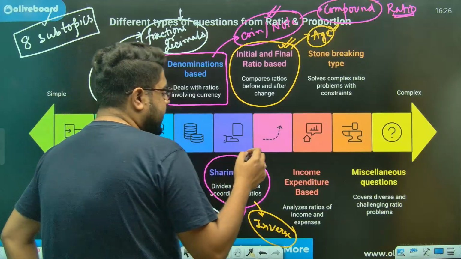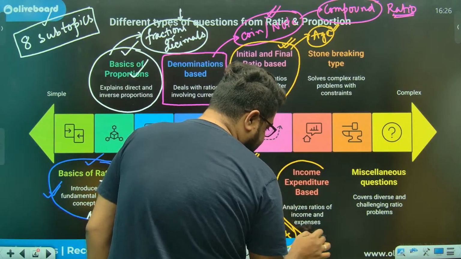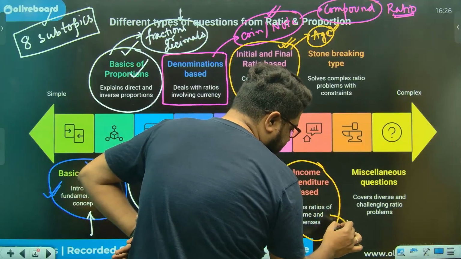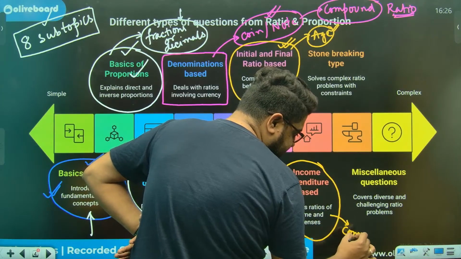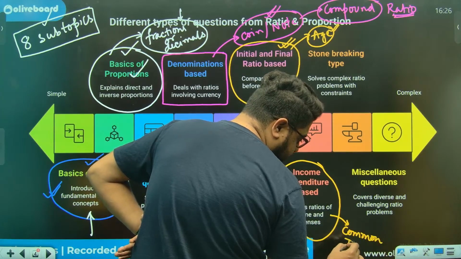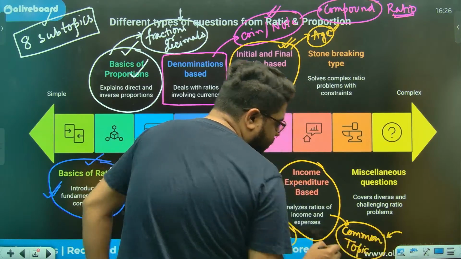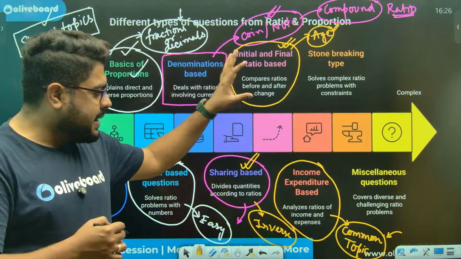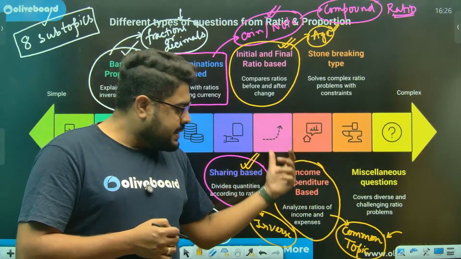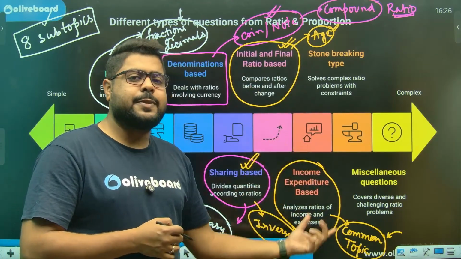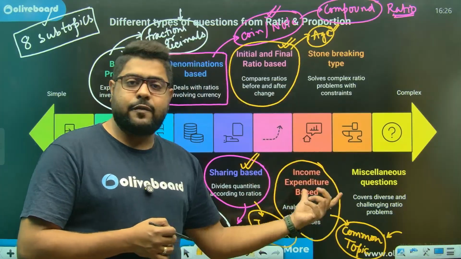Now, income expenditure based. Again, last week I told you this is a common topic. This is most definitely a common topic between percentage as well as ratio. So I taught this topic as a part of percentage, and as a part of ratio as well. Here, percentage income expenditure was different, and this will be different here.